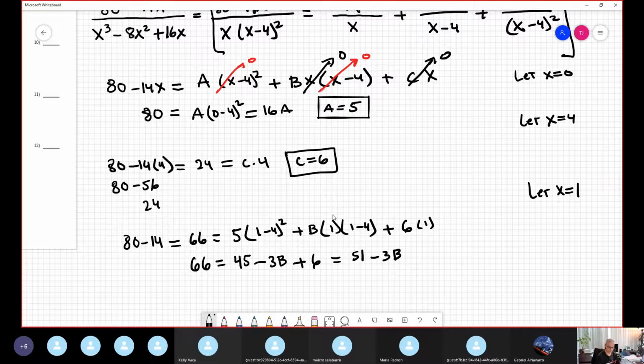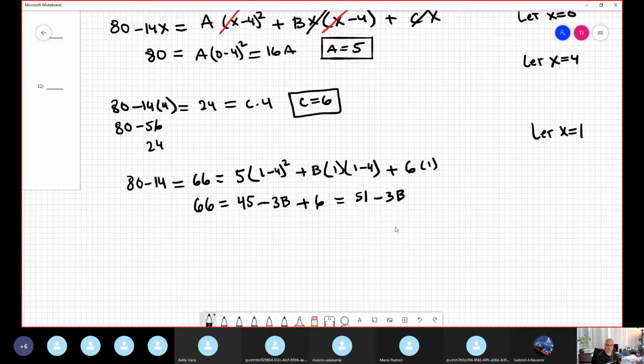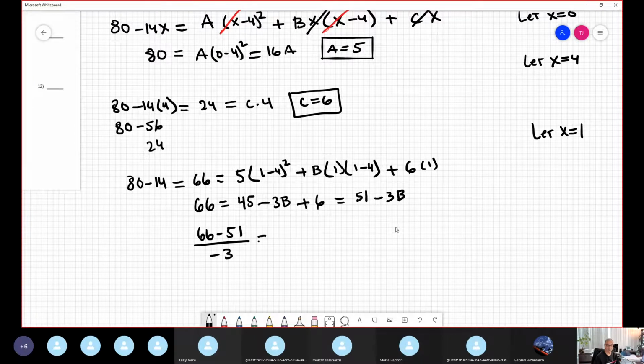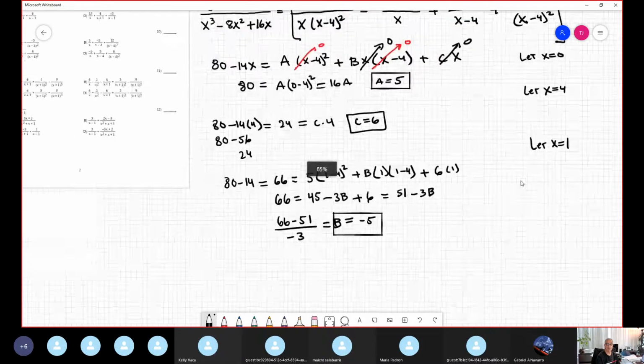So for b, actually it's 66 minus 51 divided by negative 3. The answer is negative 5, because 15 divided by negative 3 is 5. Okay, so it's negative 5.